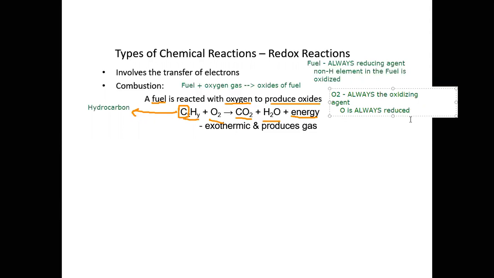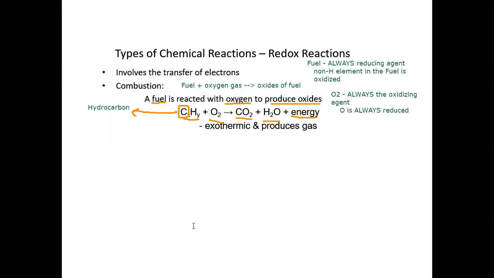Again, this is for a combustion reaction. So anytime you see a combustion reaction, you should automatically know that the fuel is going to be the reducing agent and oxygen is going to be the oxidizing agent. We know that the non-hydrogen component in the fuel is going to be oxidized, and oxygen is always going to be reduced. So the non-hydrogen element in the fuel is always going to give up electrons, and oxygen is always going to gain electrons.